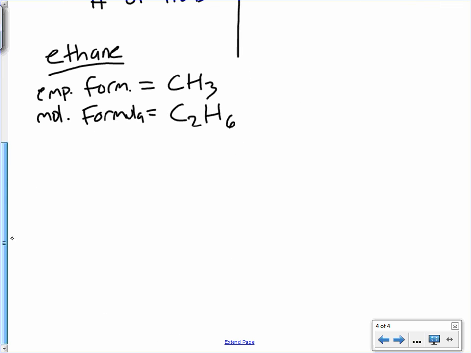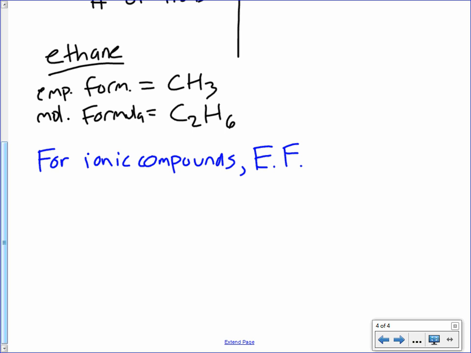Okay? Now, one thing you should keep in mind, and this is going to simplify things for you here, is that for ionic compounds, empirical formula equals molecular formula.